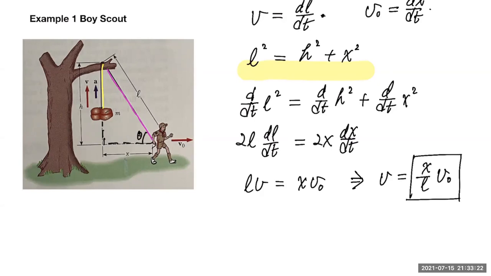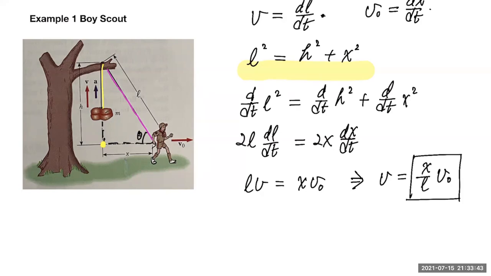Okay, as a matter of fact, you can look at the special case when x equals 0. When x is equal to 0, the Boy Scout is right underneath the package. So the Boy Scout is right here when x equals 0. And so he walks horizontally away. By doing so, does he really change the length L at this moment?